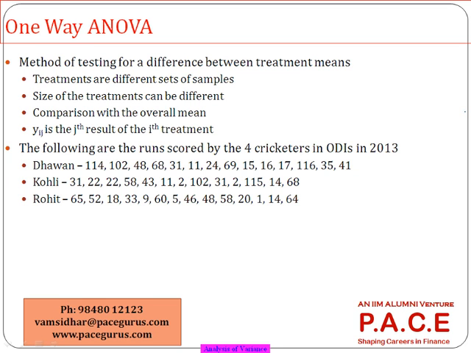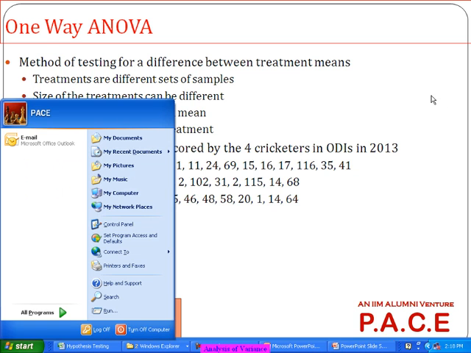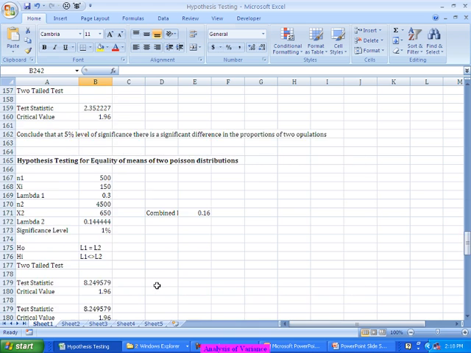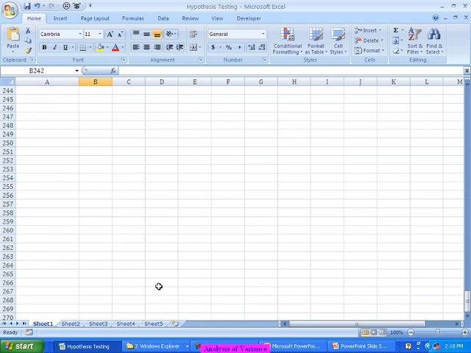Going ahead, I will try to solve one numerical using the entire concept of ANOVA. So let me jot down the numbers so that we can do our entire calculation on this data itself. Let me take the data regarding the three cricketers.